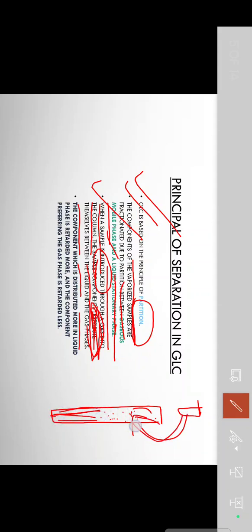It depends on the component, which substance is suitable for which phase. Either it chooses the liquid phase, or it can choose the gaseous phase. The component which is distributed more in the liquid is retarded more, and the component preferring the gas phase is retarded less.